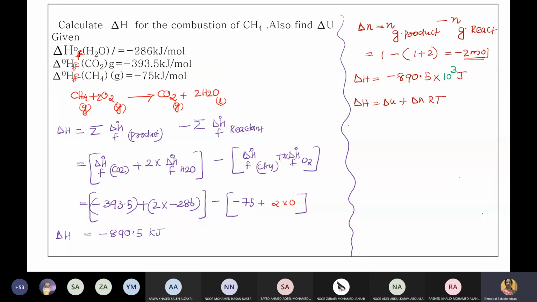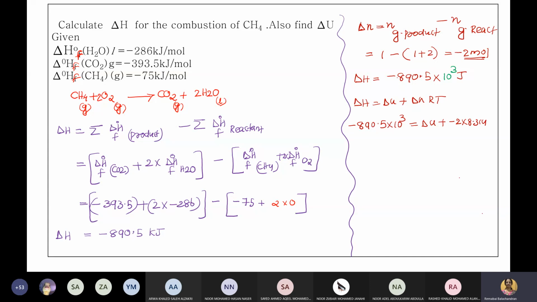That is minus 890.5 times 10 to the power 3 is equal to delta U plus minus 2 mole times R, what is the value? 8.314. You are supposed to write the unit.